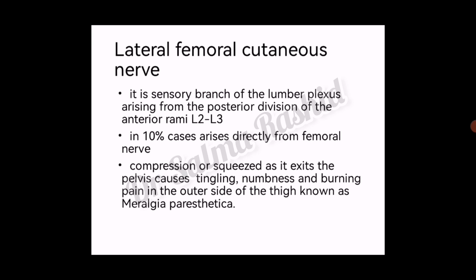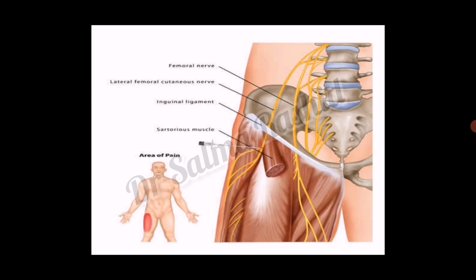Compression or squeezing as it exits the pelvis causes tingling, numbness, and burning pain in the outer side of the thigh, known as meralgia paresthetica. As shown in this picture, its root is separate from the femoral nerve, and it supplies the lateral side of the thigh.